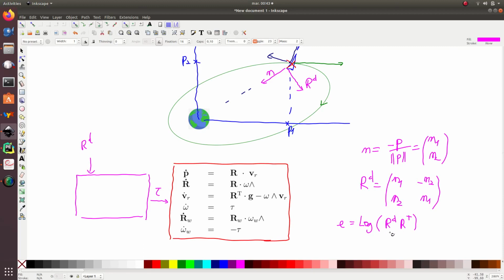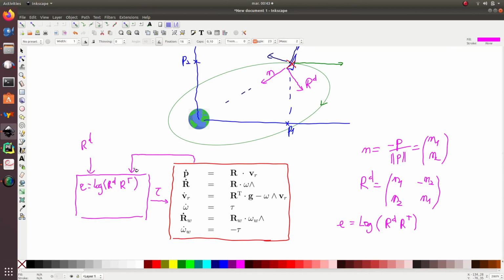I can only multiply them. It is a Lie group. This is why I have to take the logarithm to have the error. So here I put e equal to log of RD multiplied by R transpose. R transpose is obtained from here.